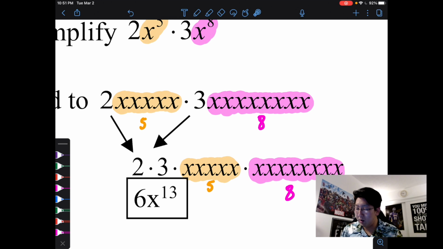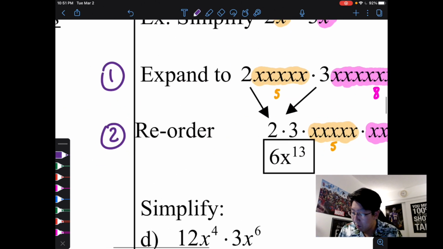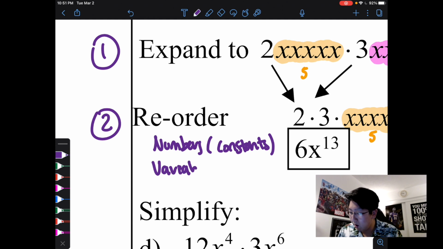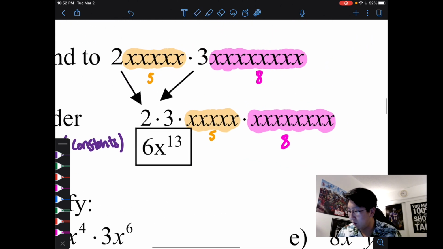All I did was, after I expanded, I reordered it. 2 times 3, you can see where those came from, x to the 5th and x to the 8th. I didn't add anything. I just took what I had and put the numbers, or constants, in front and the variables afterwards. So I reorder by putting the numbers in the front and variables in the back.